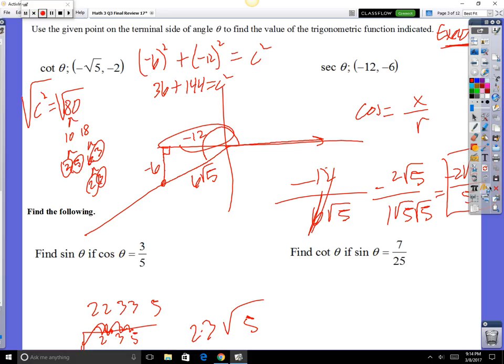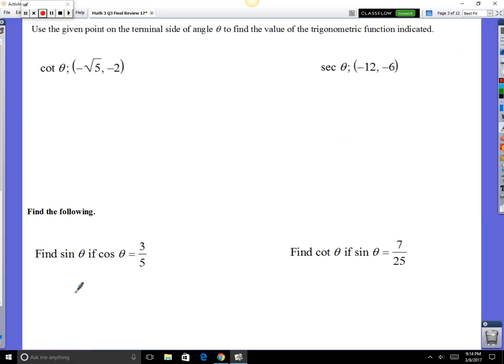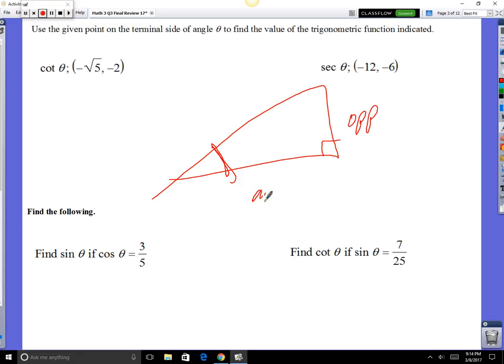Okay, let's do these bottom ones. Find the sine of theta if the cosine of theta is 3/5. So you draw your own triangle. I'm going to mark it from here, so that's my opposite. That's my adjacent. That's my hypotenuse. And here we go.